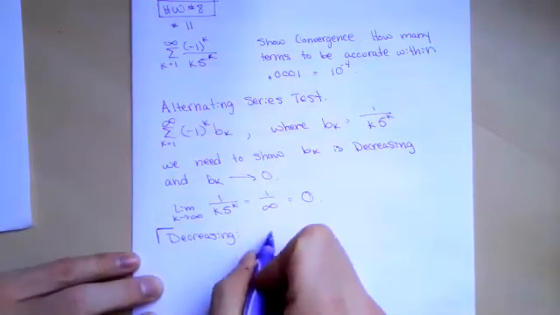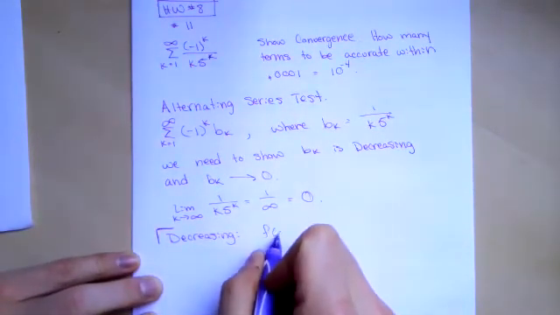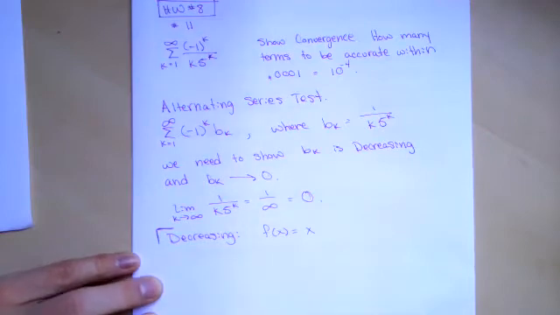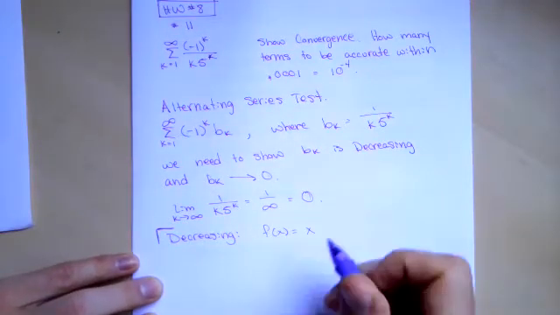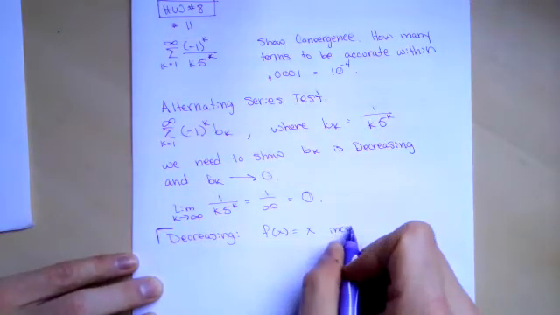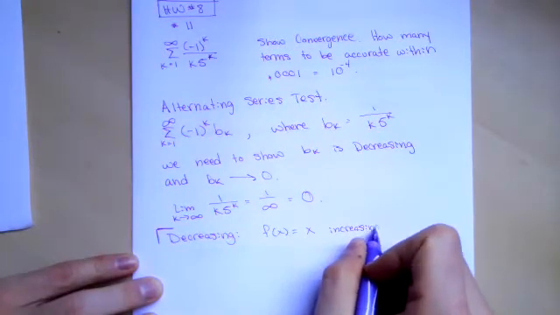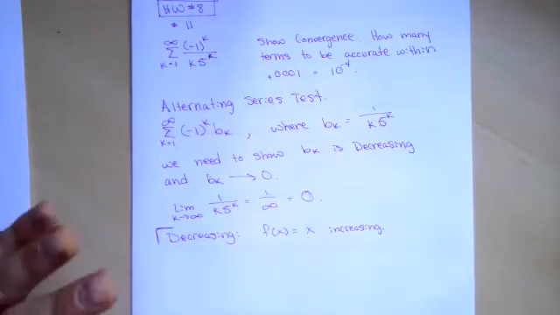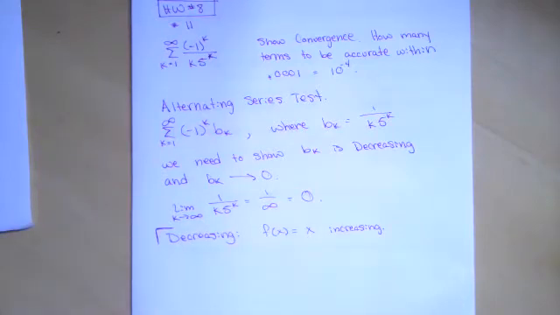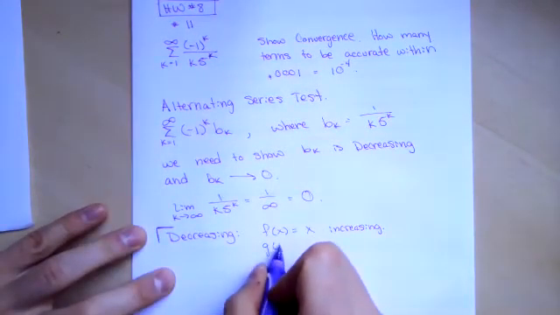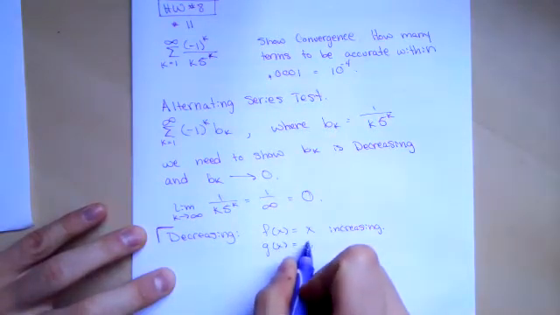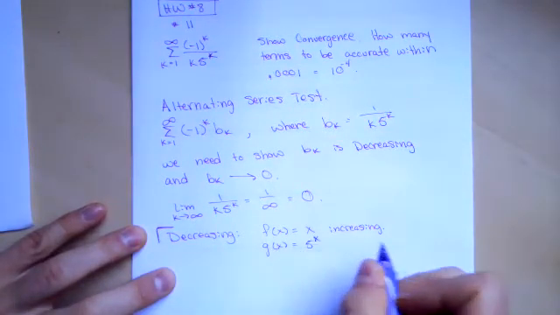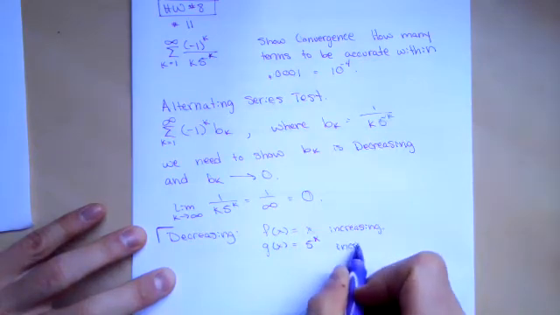One thing we know is, if I just define f of x equals x, that's an increasing function, right? I take a derivative, the derivative is 1, the slope is always positive, so it's an increasing function. g of x is 5 to the x, also increasing.